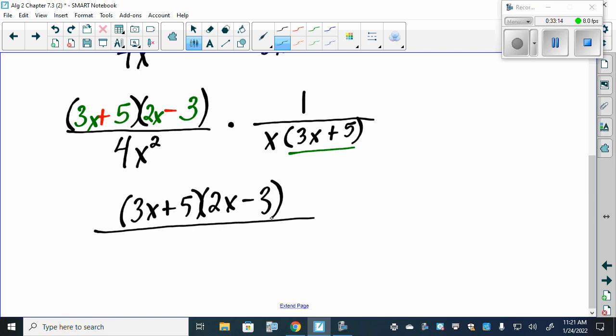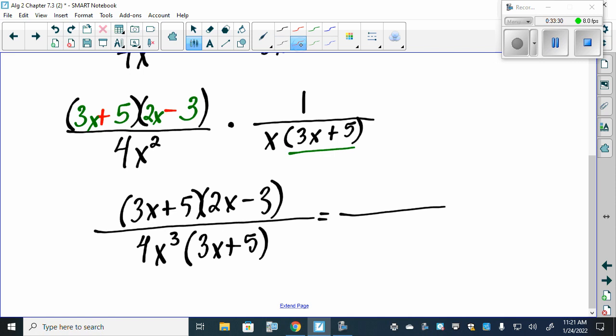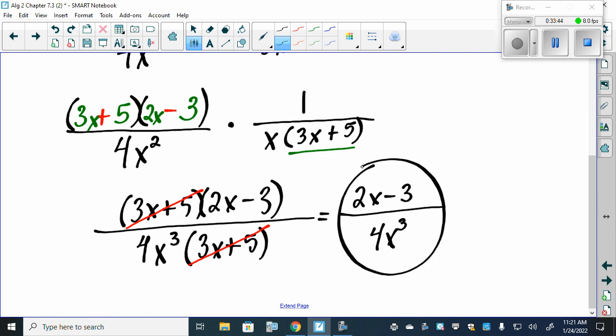The denominator, 4x squared times x would be x cubed, times 3x plus 5. And if we simplify out what's in common on top and bottom, our 3x plus 5 and our 3x plus 5, it will leave us with 2x minus 3 over 4x cubed. And that's as simplified as it gets.